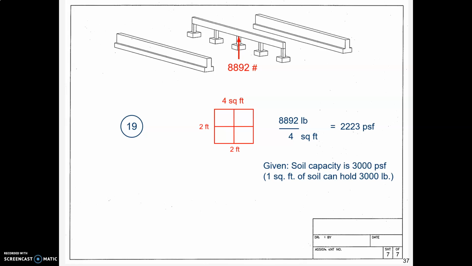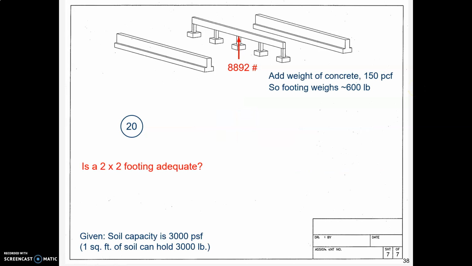Now, the book has neglected the weight of the concrete, but what if you wanted to be particular and you wanted to add the weight of the concrete in? Typical concrete weighs 150 pounds per cubic foot, so let's just roughly estimate this footing here, this pier block, might weigh about 600 pounds.